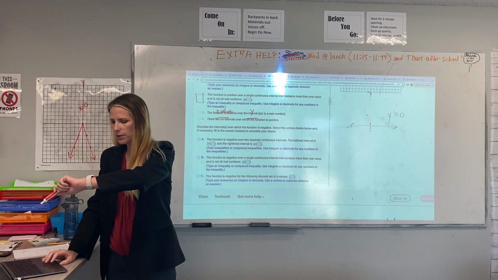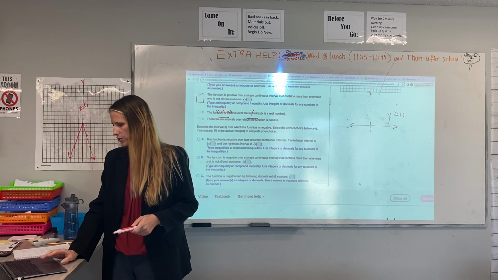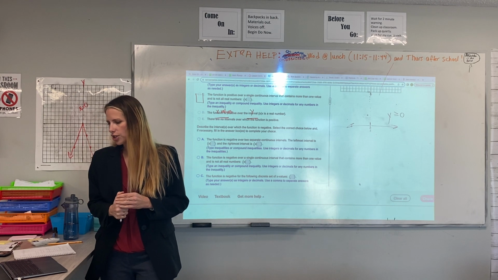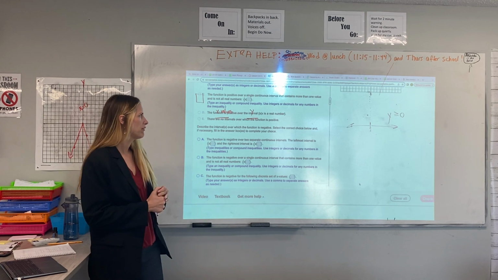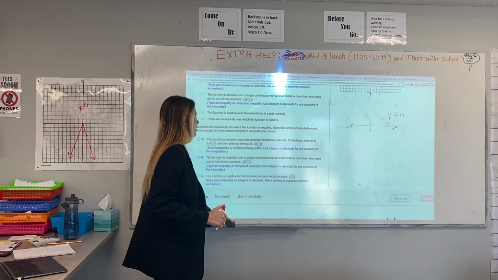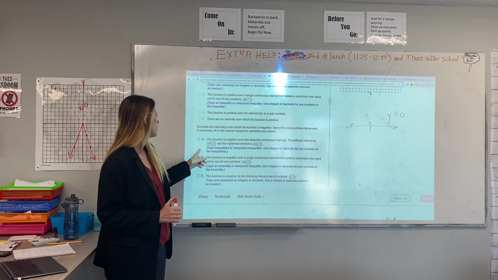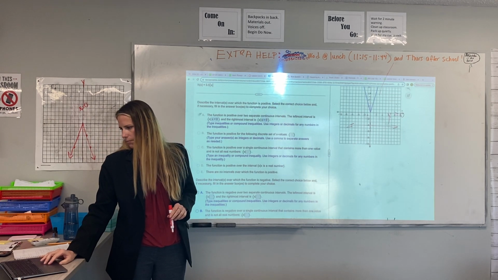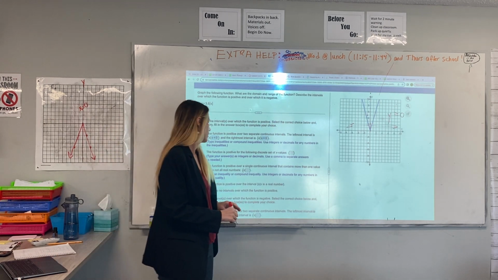We only have a few minutes left, so let's breeze through this, okay? Describe the intervals over which the function is negative. Oh no, I have to scroll back up. All right.